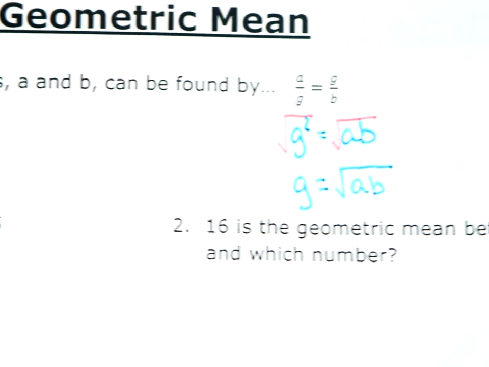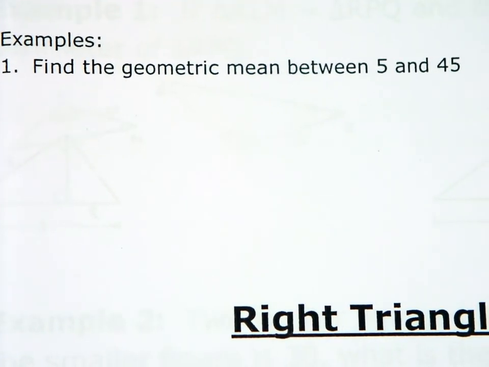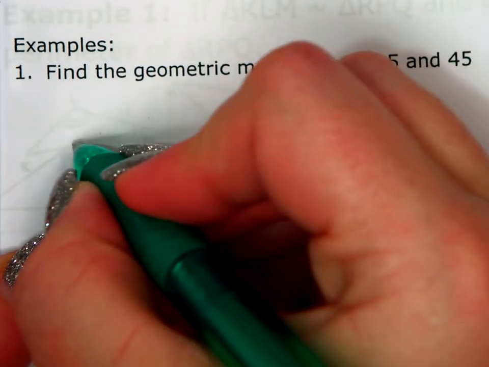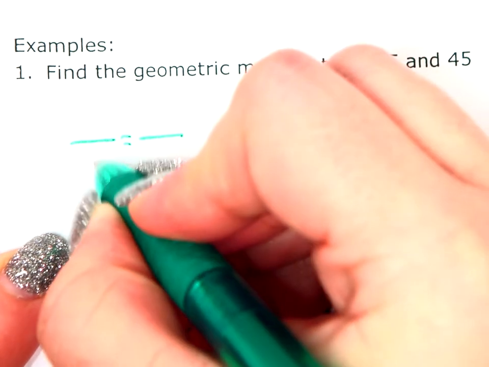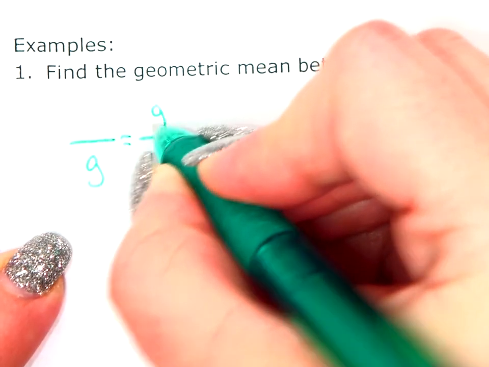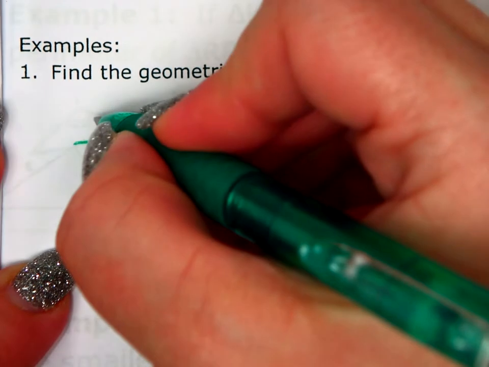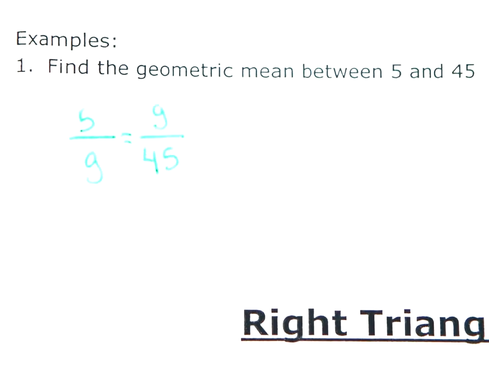So let's look at an example. Number 1. Find the geometric mean between 5 and 45. So your geometric mean goes here and here. And then the 5 and 45 go in the other spaces. And sometimes you'll hear it referred to as your means and your extremes.